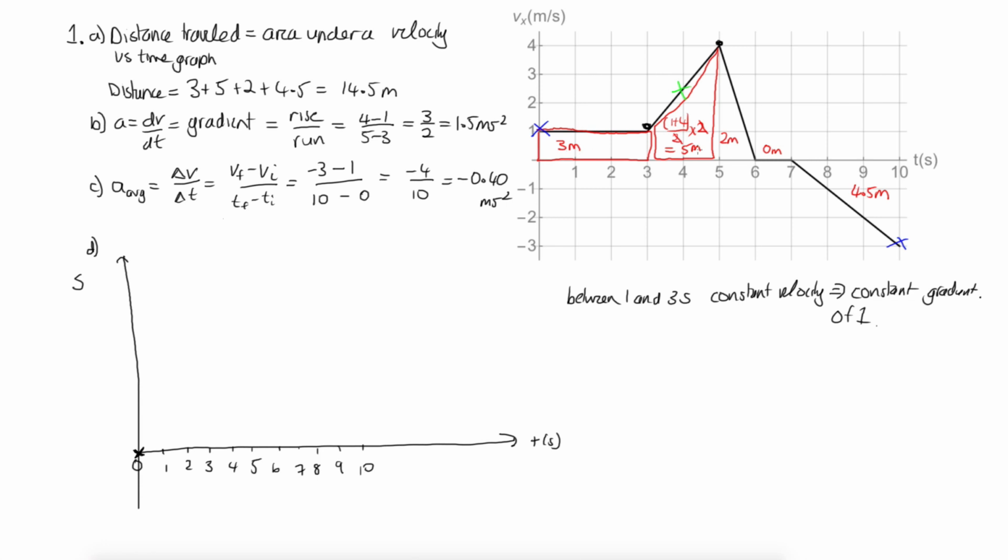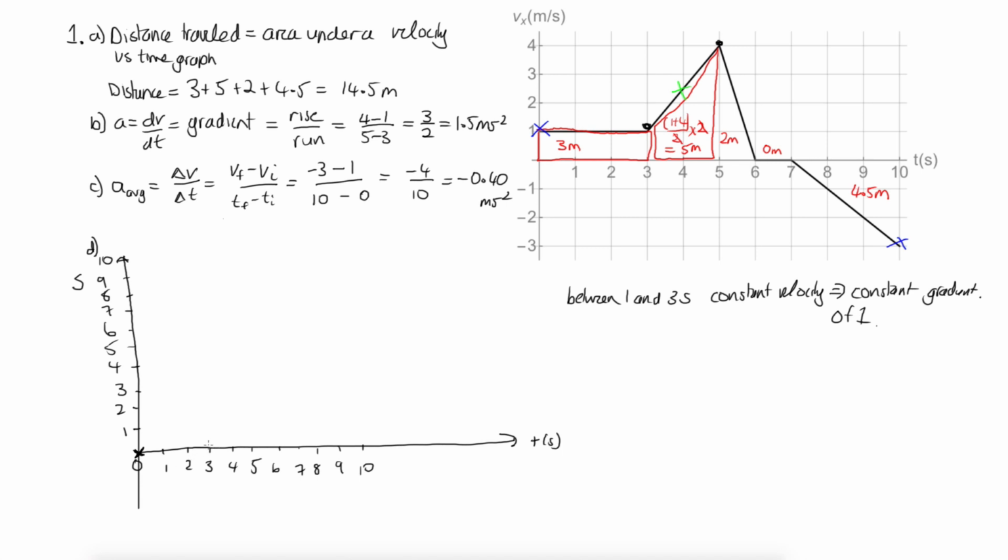But the maximum displacement occurs at 6 seconds, because that's when it turns around and starts coming back. So the total distance traveled up to 6 seconds is 10 meters. So if we go up to 10, 1, 2, 3, 4, 5, 6, 7, 8, 9, 10, we should be able to fit everything on.